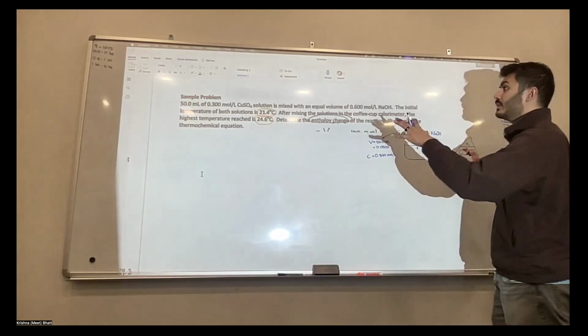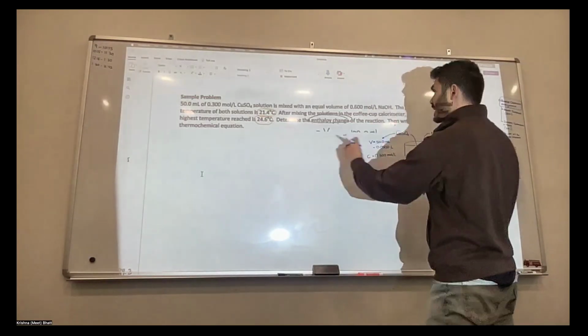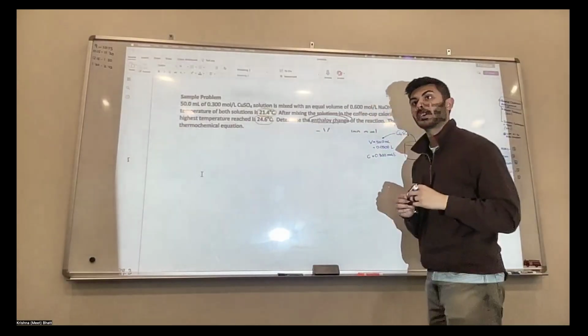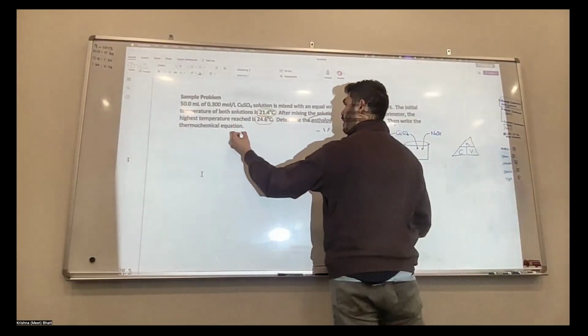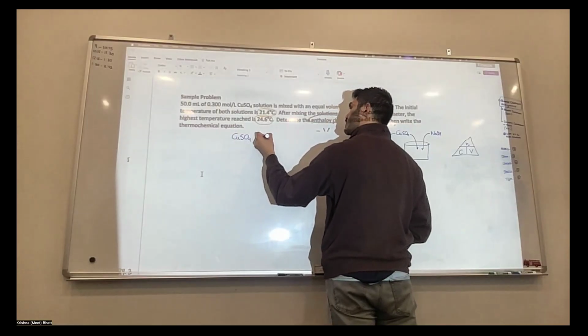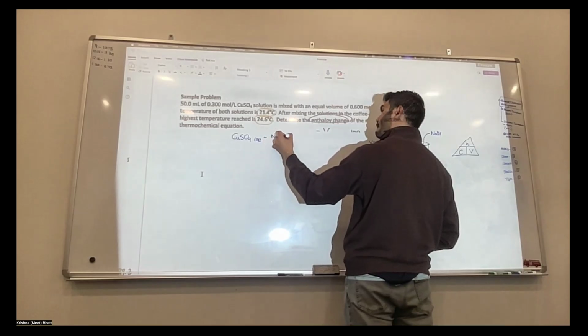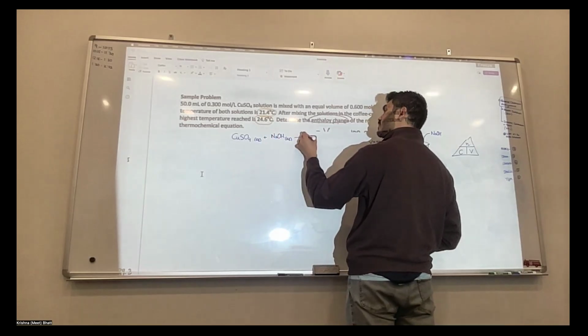Now there is a reaction happening over here, so it's a good idea to see the actual chemical equation. CuSO4 aqueous is reacting with NaOH aqueous.